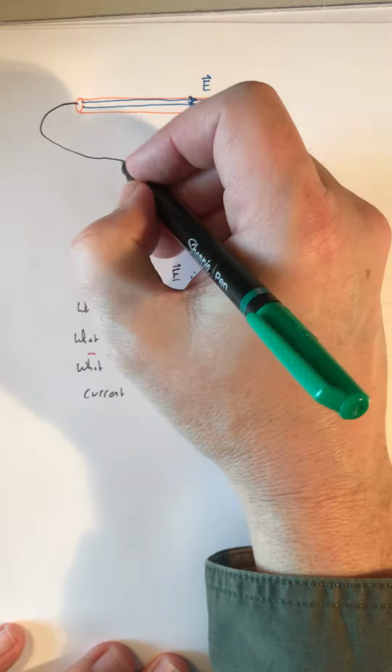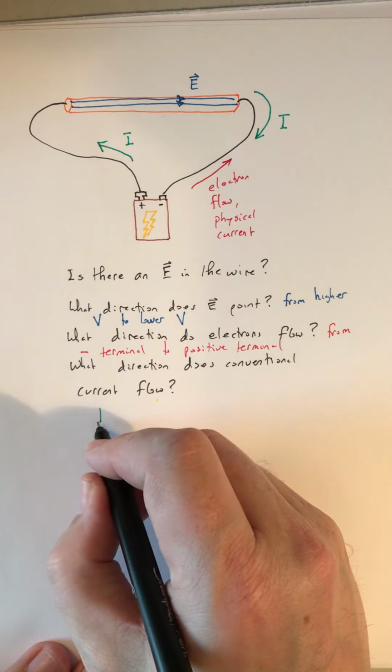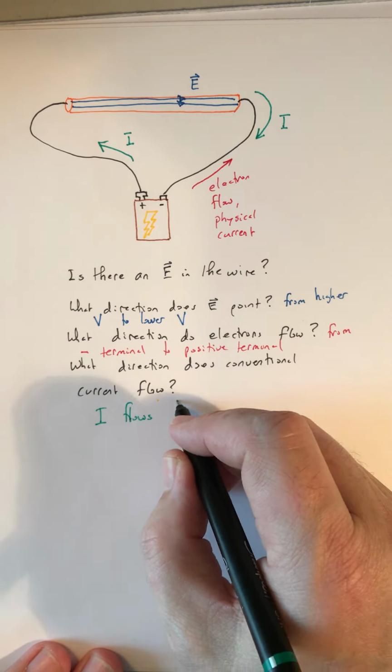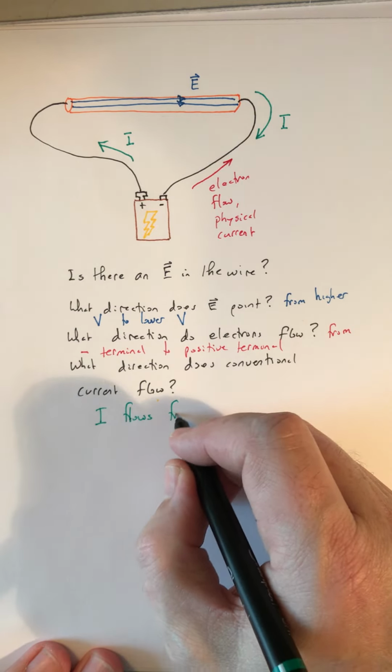So the direction of conventional current is that. So conventional current will flow from the positive terminal to the negative terminal.